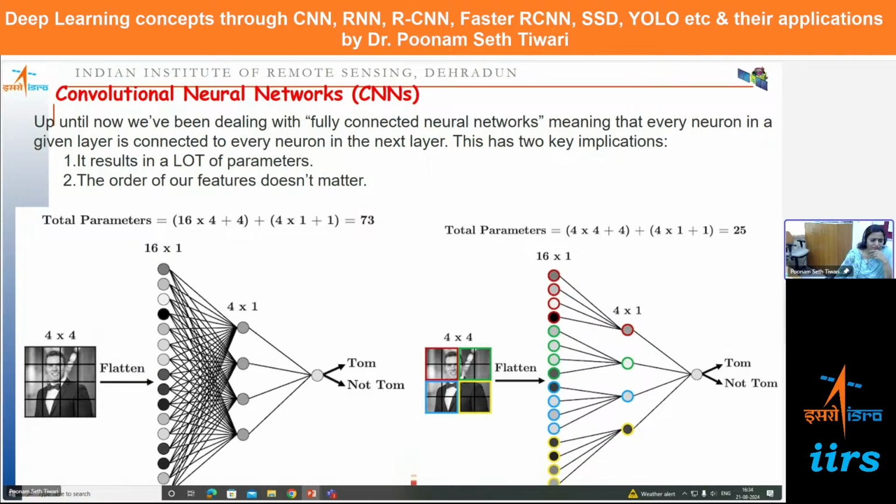So what we can do instead is, you can see here what they said is, why not divide the image into certain areas. Here, let us say this is a 4 pixel by 4 pixel image. The first pixel at the red corner would have nothing to do with the last pixel, the yellow corner.